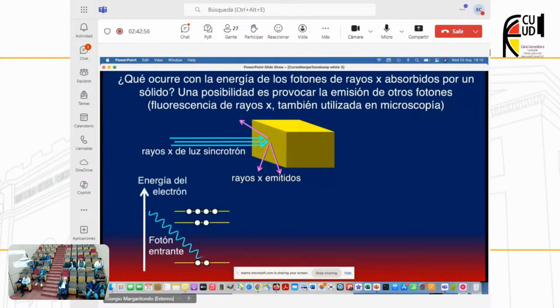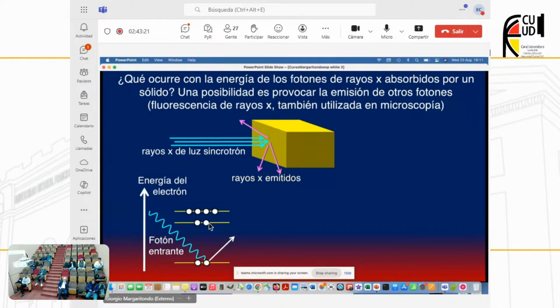Let's look again at the energy structure of the electronic states. And we can see here an incoming photon, and the incoming photon is kicking out one electron from a core level. This is the mechanism that we just analyzed before. But now there is an unstable situation because there is an empty state here.